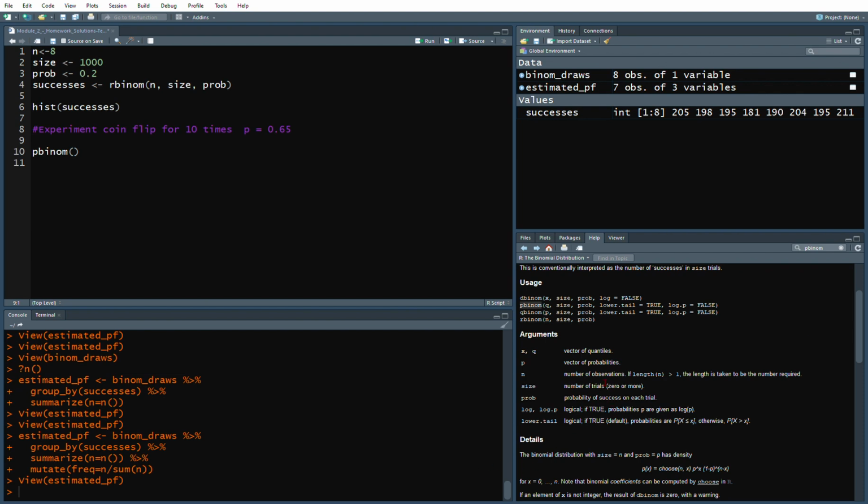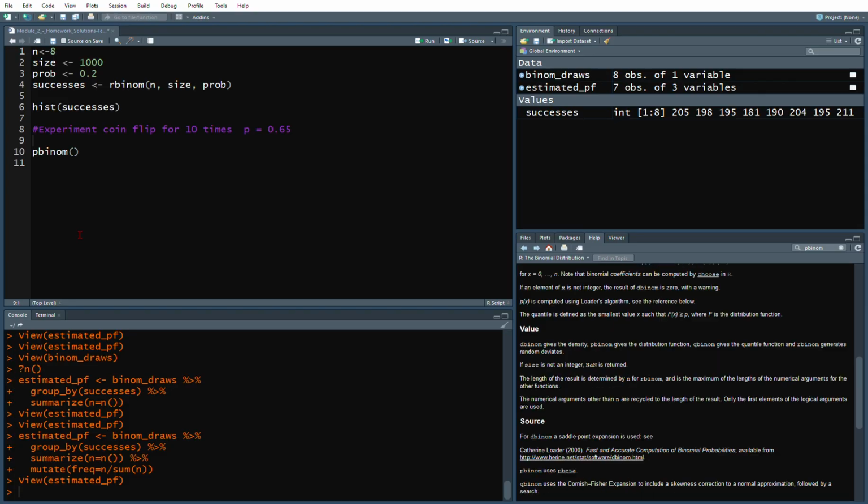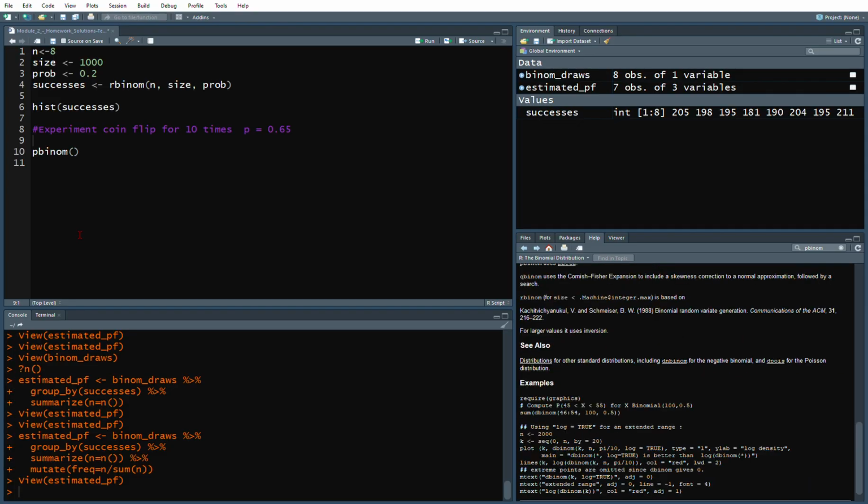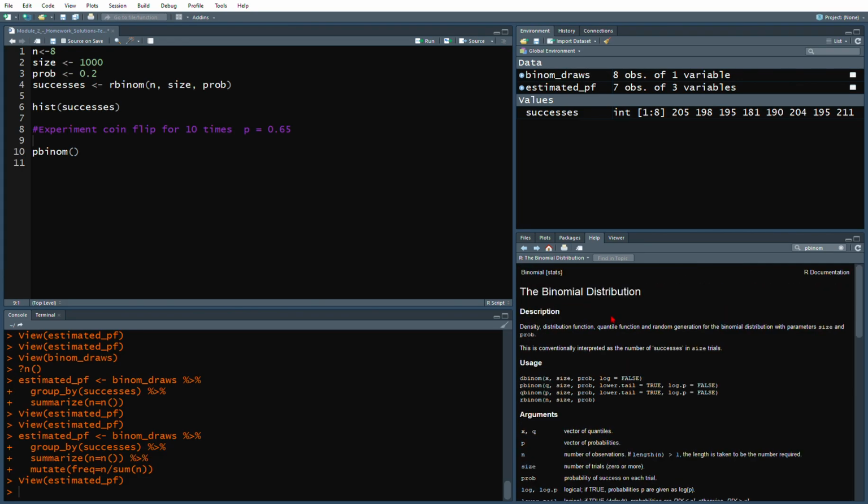So here we need to calculate dbinom, that is the probability of x, where x is given by dbinom. It's not the cumulative distribution function, but it is dbinom, the probability distribution function.